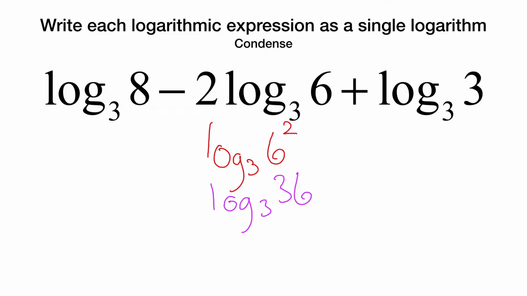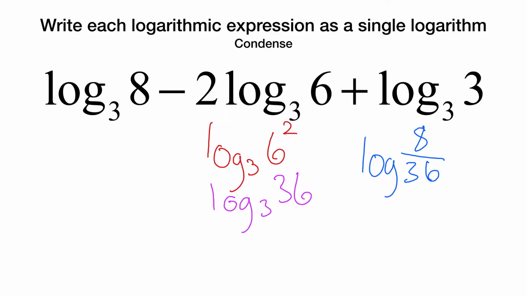Let's look at what we have here. If we combine all these, we get log 8 over 36 because we subtracted, but then this plus 3, because there's no parentheses around this, is going to go back up on top. We are adding this, which means we multiply it. It's like I said, 8 divided by 6 times 3.